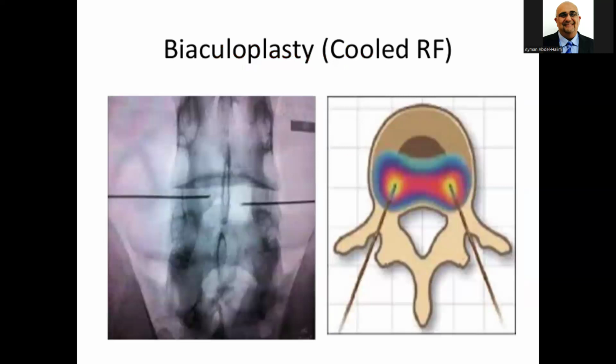With this procedure, we use the water-cooled radiofrequency ablation technique, and we do it on both sides here. So we put two needles, and then we start burning the nerve receptors inside the disc here. This is what we call biacuplasty or cooled radiofrequency.